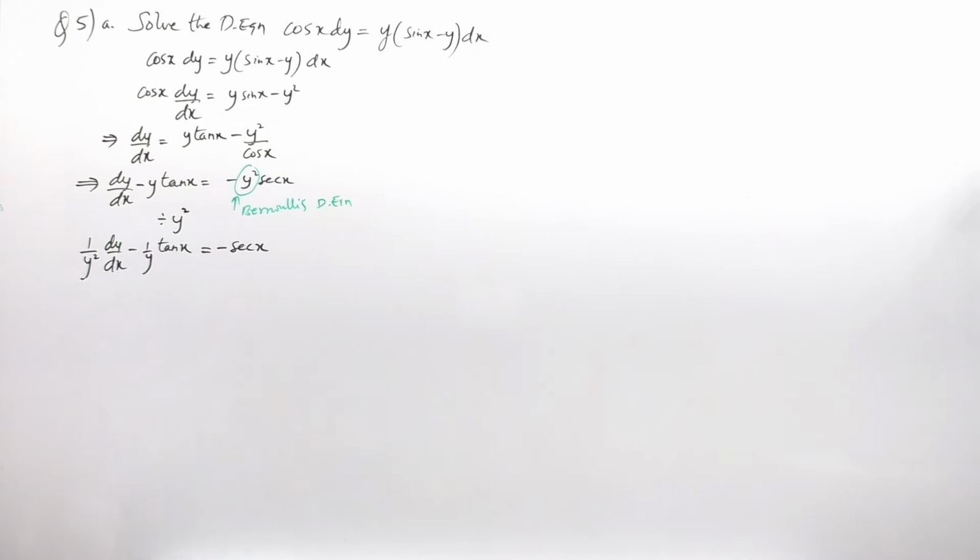Now we need to make it linear. As we already discussed before in some problems, the coefficient of dy by dx is always the differentiation of this term. When I differentiate 1 by y, I get minus 1 by y squared.